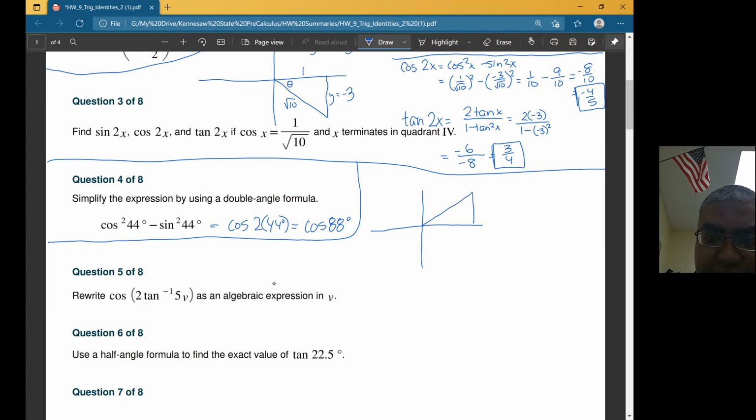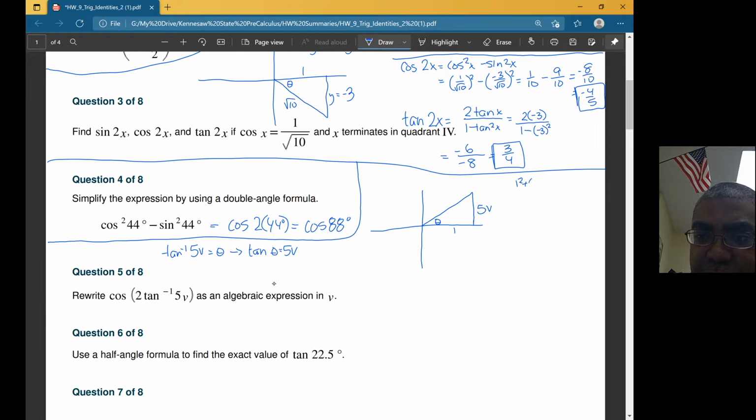So if this is theta, and arctan of 5v is equal to theta, this means that tan of theta is equal to 5v. Tangent of theta is 5v over 1, because tangent is opposite over adjacent. So, of course, we need to find this hypotenuse.